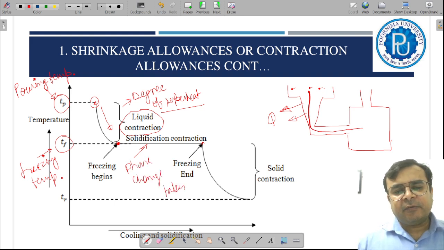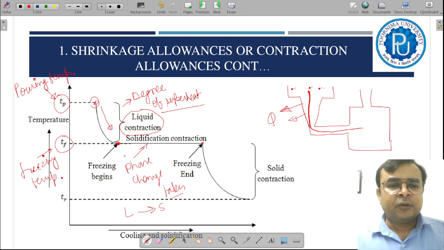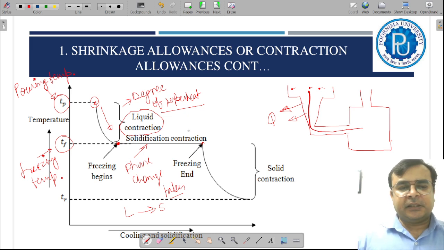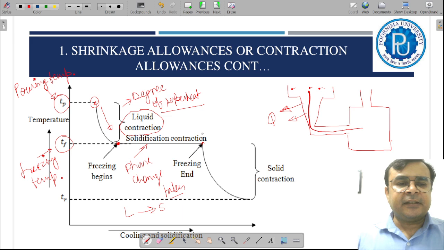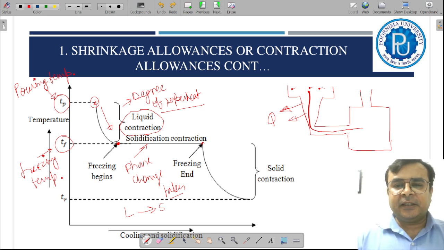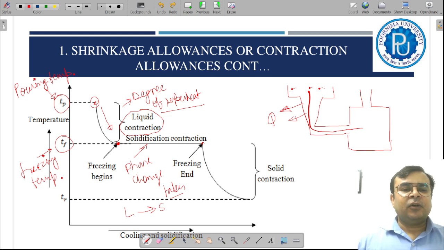Phase change means liquid metal is converted into the solid phase. During the phase change, as we know, the latent heat is removed from the system. Therefore, the temperature remains constant, and this entire process is called solidification, and the contraction associated with this phase change is called solidification contraction. The reduction of volume associated with solidification is called solidification contraction.